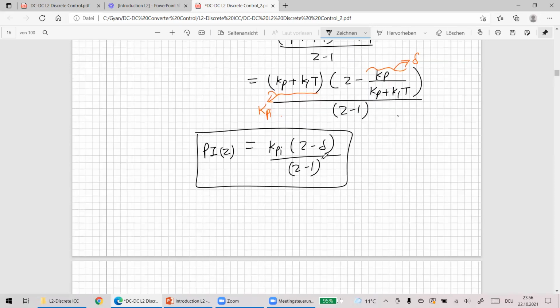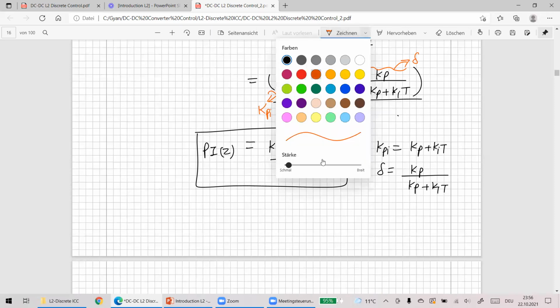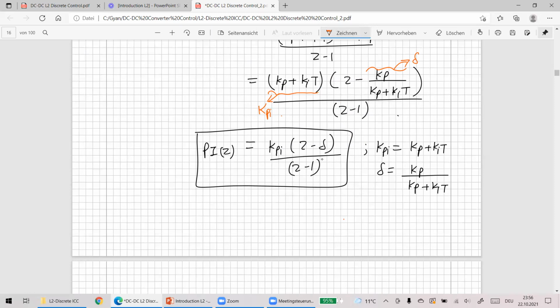Of course here KPI is equal to KP plus KI into T, and your del is equal to KP over KP plus KI into T. So if you have these two equations, then you can solve for KP and KI.